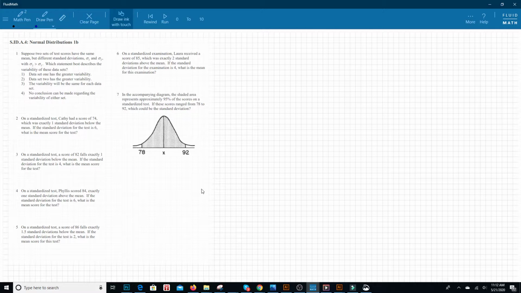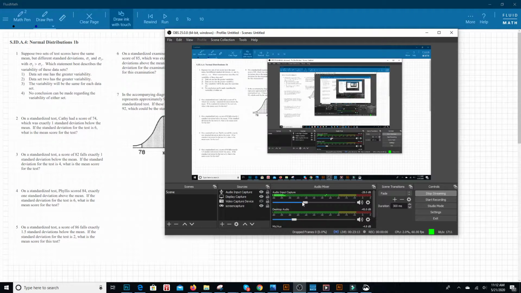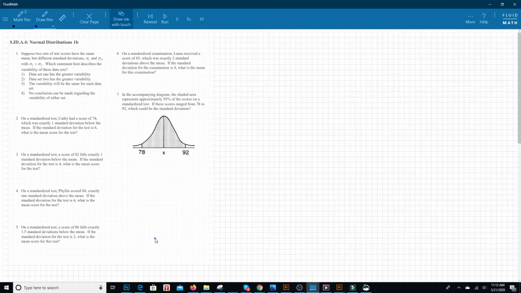So maybe a little bit back up. Let me see if I can lower this, guys. Okay, so now let's look at this. It says on a standardized test, a score of 86 falls exactly 1.5 standard deviations below the mean, right?